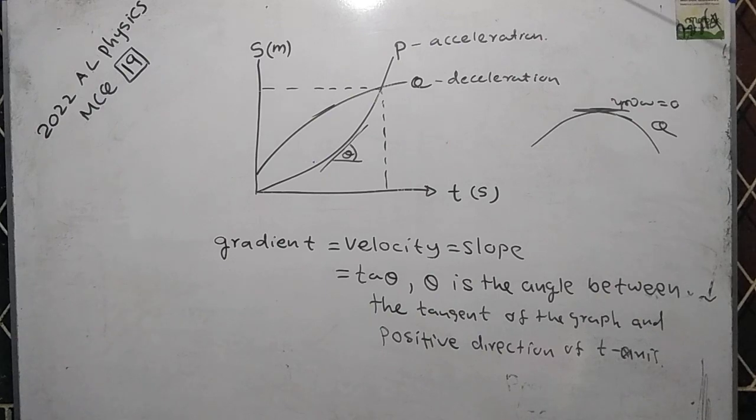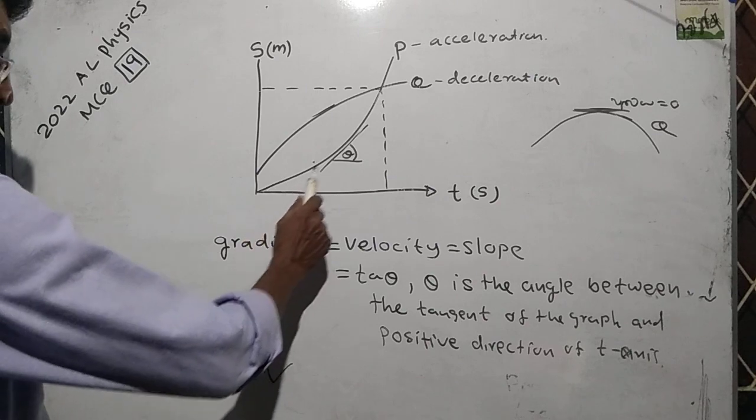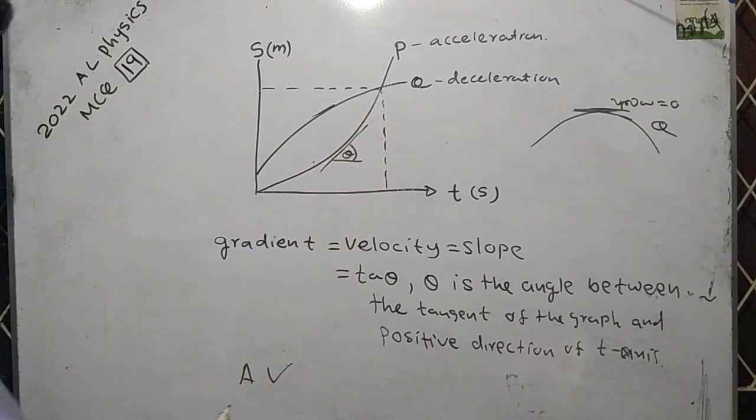Now let's consider the given statements. Statement A, both objects have velocities in the same direction. It's correct. A is correct because the gradients are positive, so the velocities are in the positive direction.